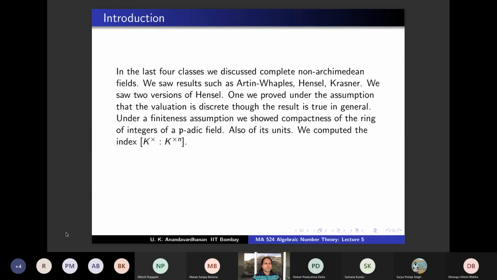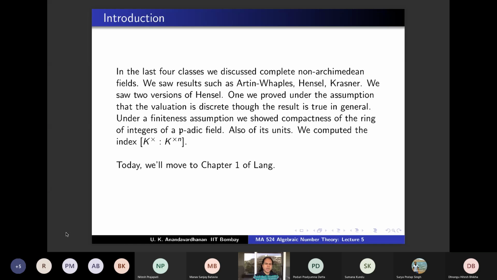And finally, this was the last slide of lecture 4, if K is a p-adic field, we mean a discrete valuation ring and the quotient field of that. We computed this index. K star is the non-zero elements of your field, and K star power n is the nth powers, and this index is finite, and we computed it under the assumption that O/P is finite. I said this is a nice proof due to Emil Artin. It's there in Lang, and that's what we have done.